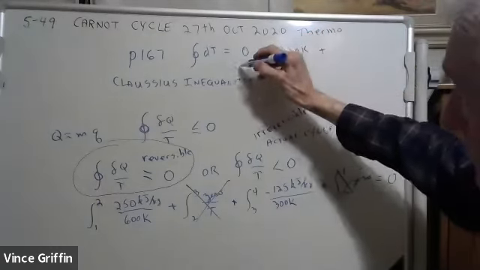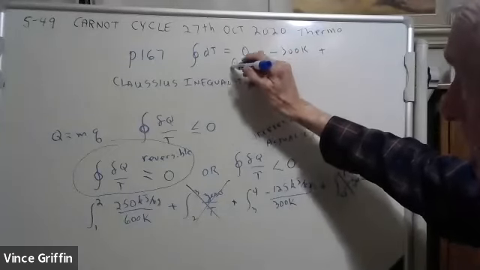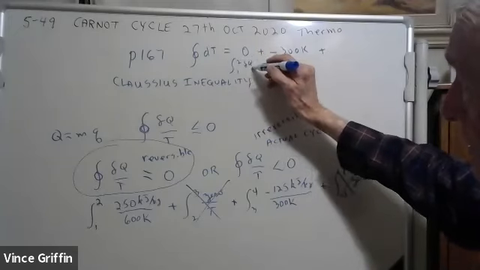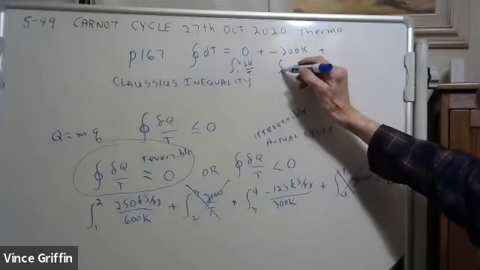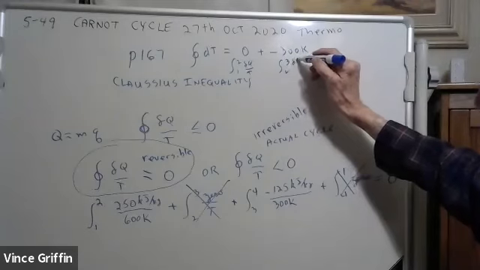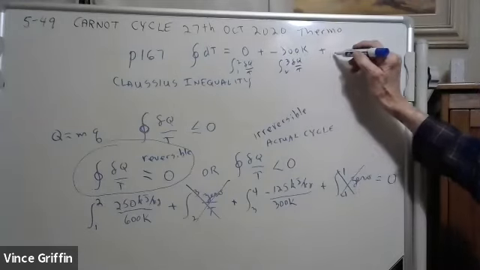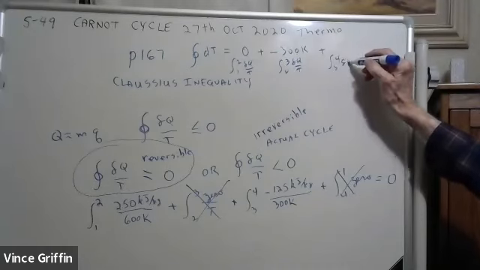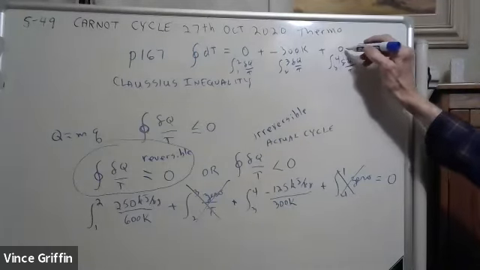See, this is going from 1 to 2. I probably should write that out. This is from 1 to 2, dq over t. This is from 2 to 3, dq over t. This will be from 3 to 4, dq over t, and that's 0 because that's your other adiabat.